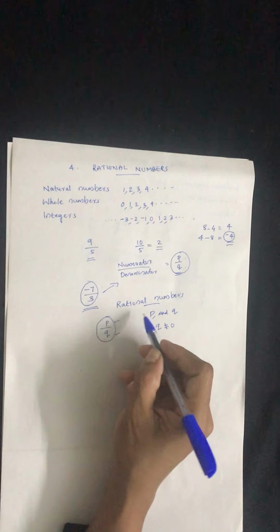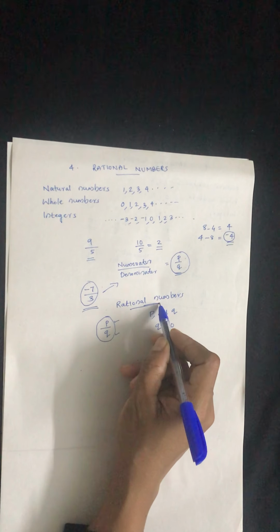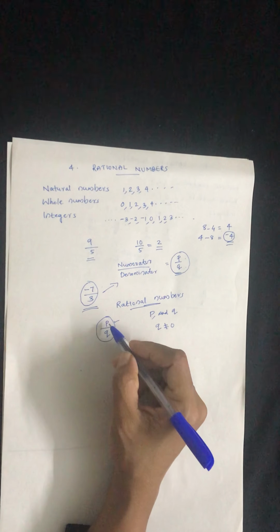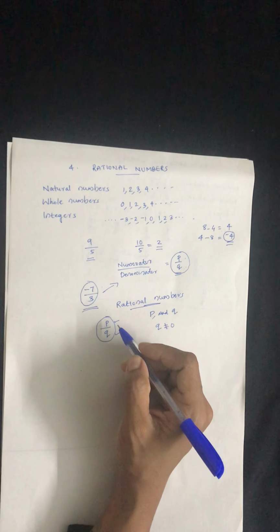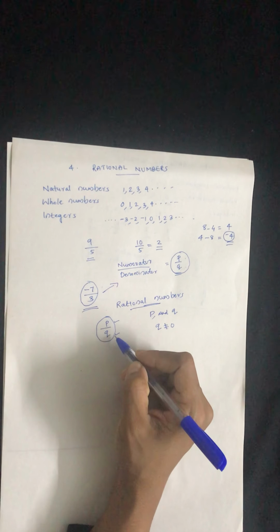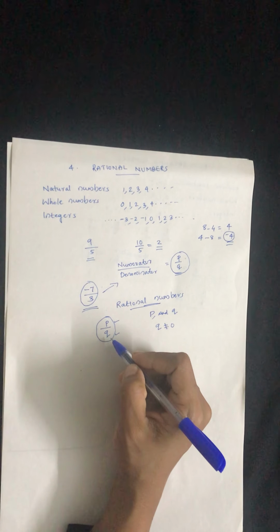But when we discuss rational numbers, those are numbers which can be expressed in the form of p by q, where p and q are integers and q not equal to 0.